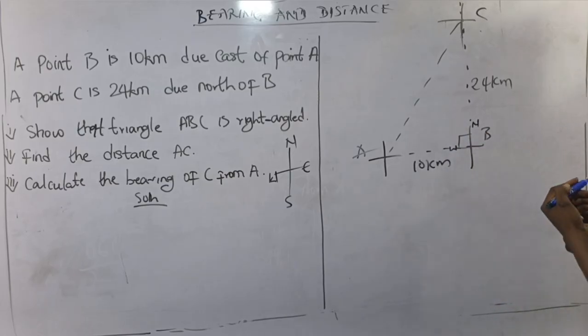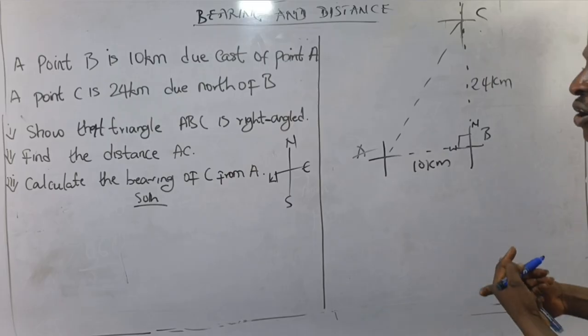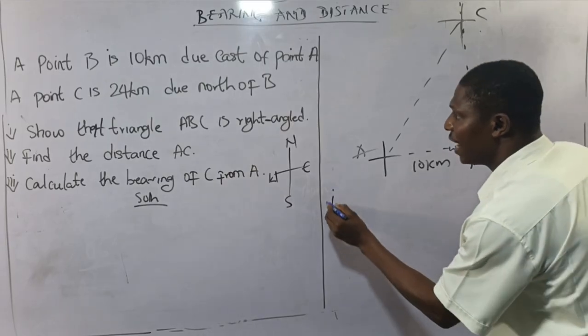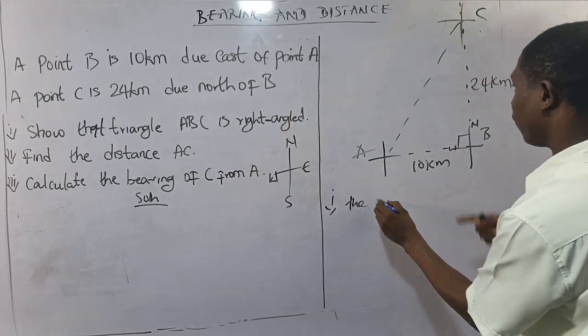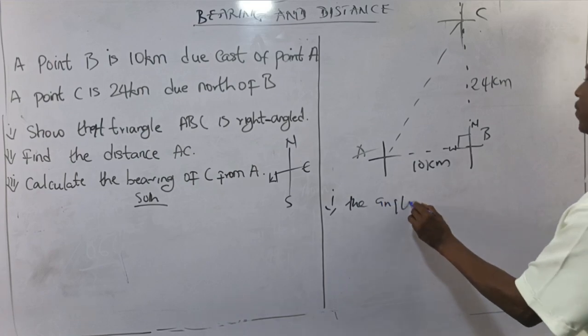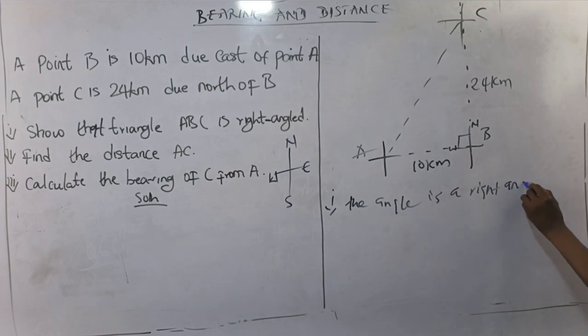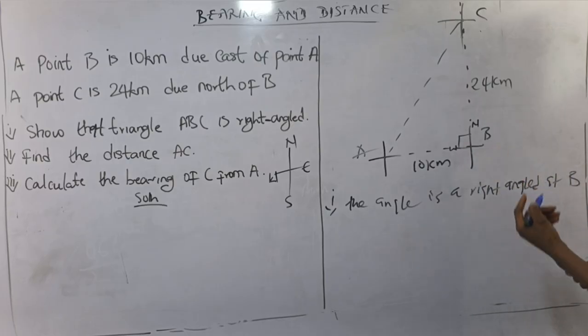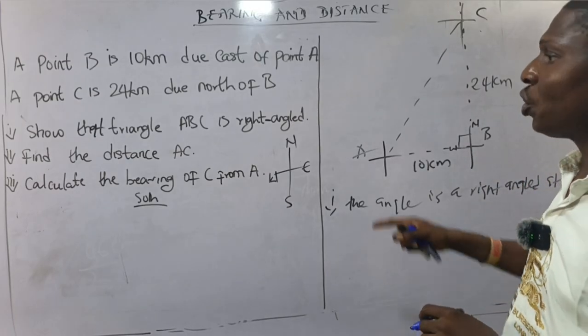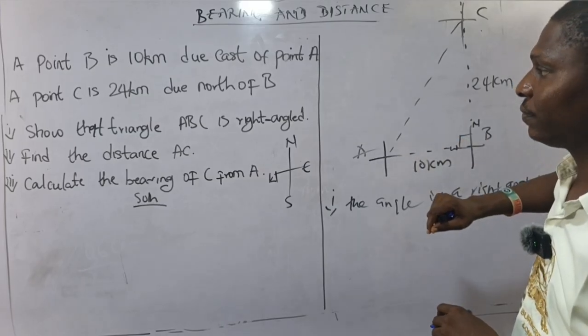And in a right angle triangle, one of the angles must be 90 degrees. So in part one, from the diagram, the angle is a right angle at B, 90 degrees.